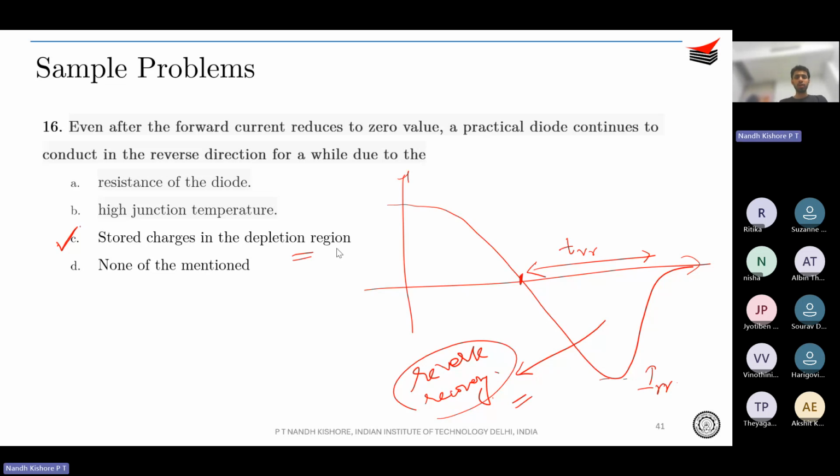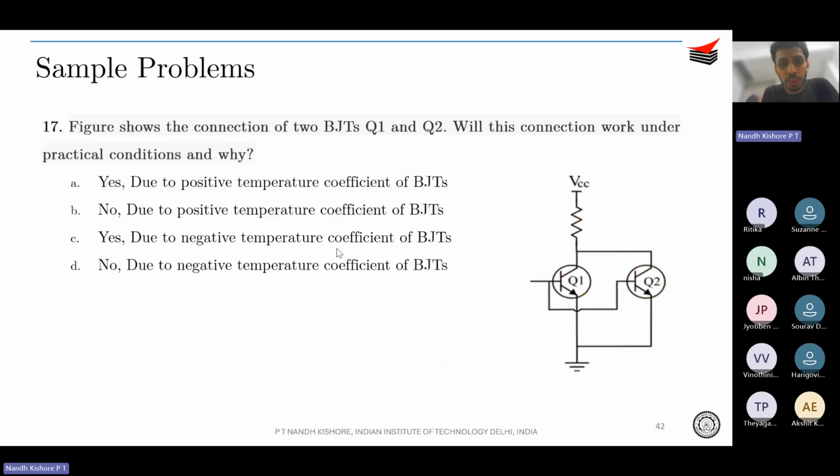Okay. So the figure shows a connection of two BJTs Q1 and Q2. Will this connection work under practical conditions? Of course, a direct parallel connection of two practical BJTs will never work. Why? Because of the negative temperature coefficient of BJTs, because they are minority charge carrier devices.